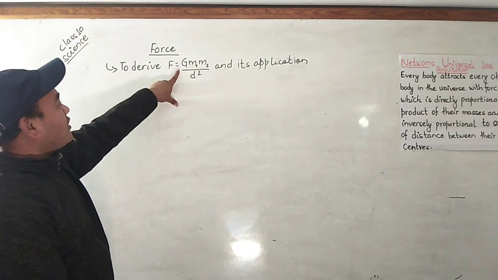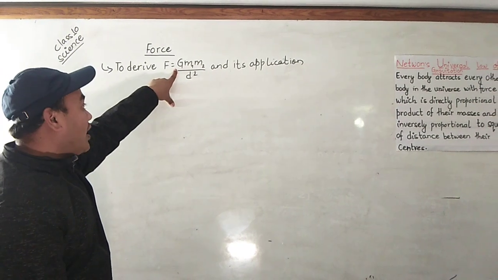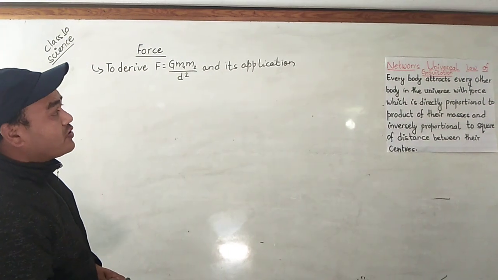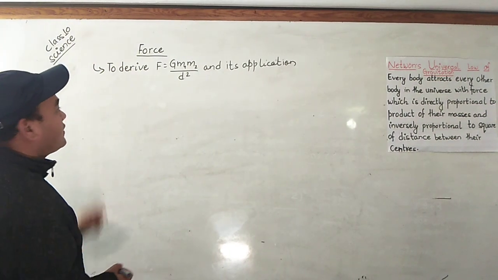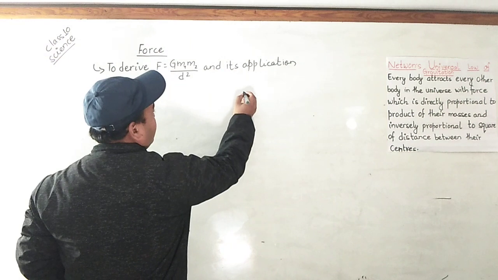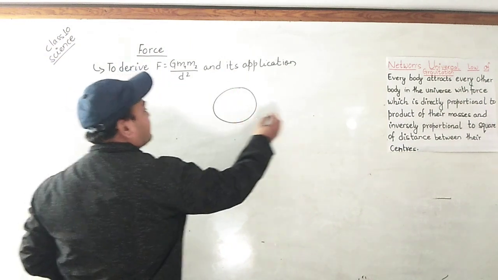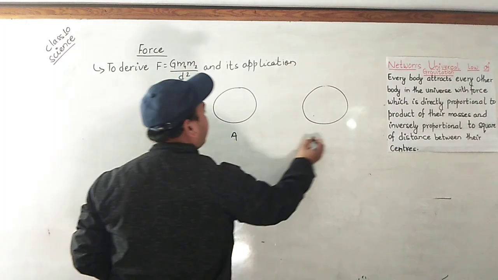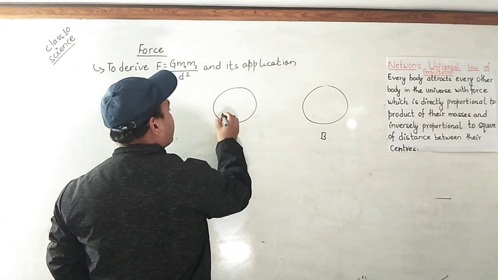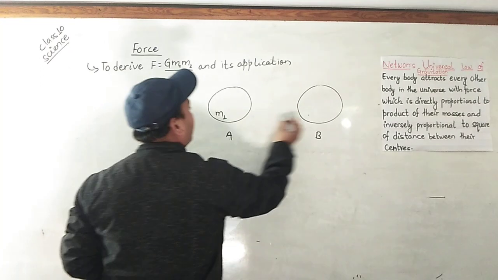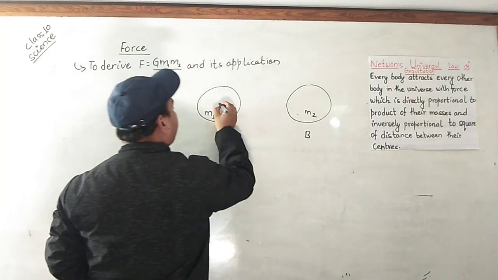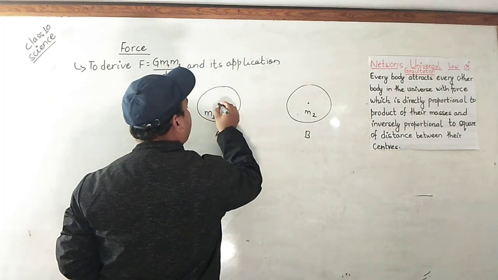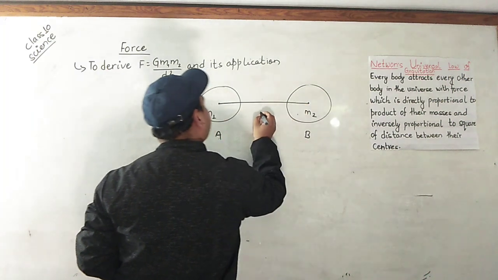And we introduce this capital G later while we are proving. So for proving this relation, first we draw two bodies, let be A and B, let their masses be m1 and m2, and let the distance between their centers be d.